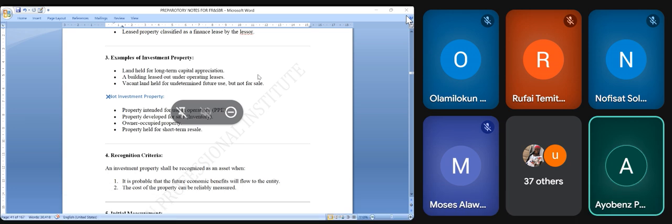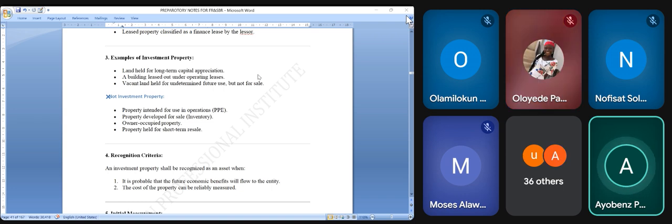Please note that. This thing should be in your head now. Under measurement of any non-current asset, any item that is under non-current asset, as long as they are tangible, the 2 measurements are initial measurement and subsequent measurement.